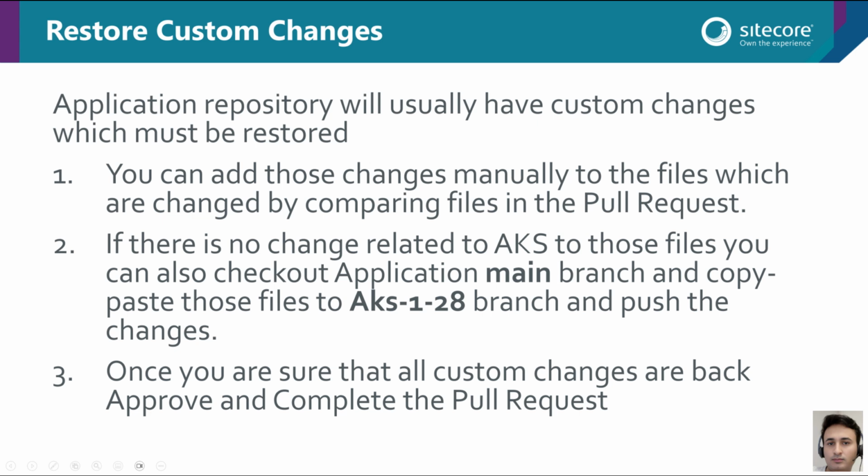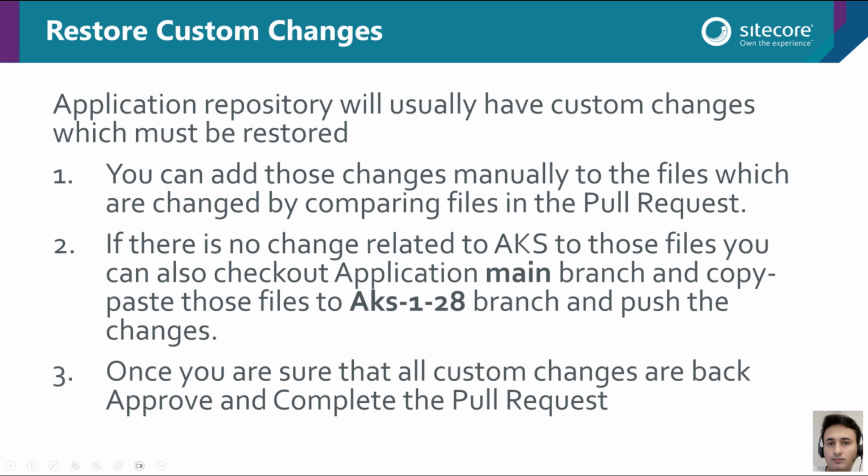For your custom changes, you can either add those manually into the files which are changed by comparing the files in the pull request. If there is no change related to AKS upgrade, you can also simply take those files from the main branch and replace them in your AKS 1 to 8 branch.